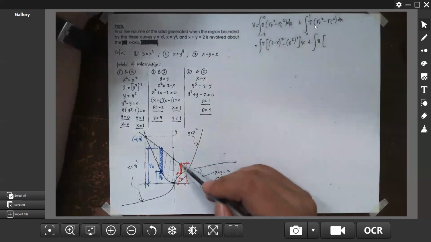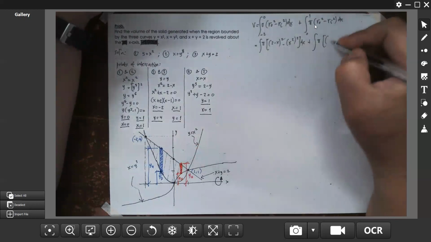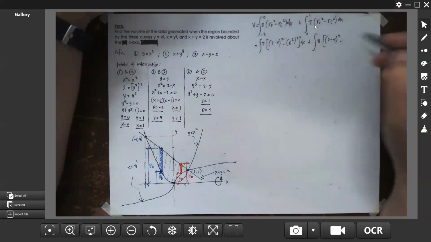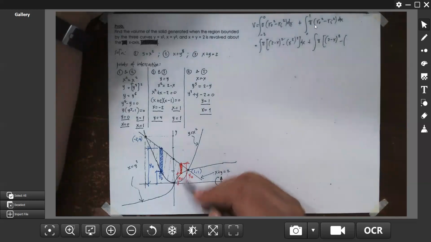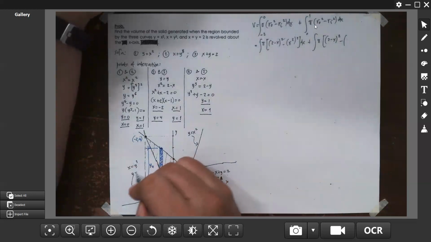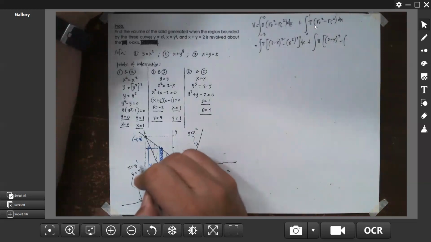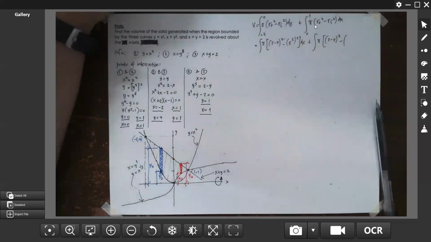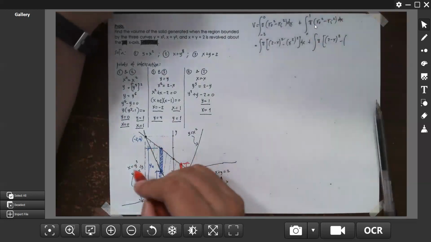So y up is the line, so we have 2 minus x squared minus the inner radius, which is y down. Our y down is the cubic. When you solve for y, that is x raised to 1/3.